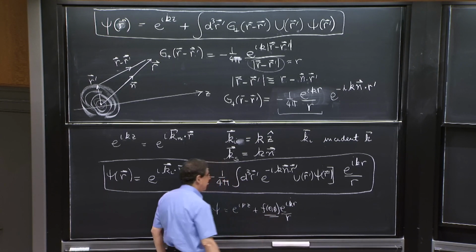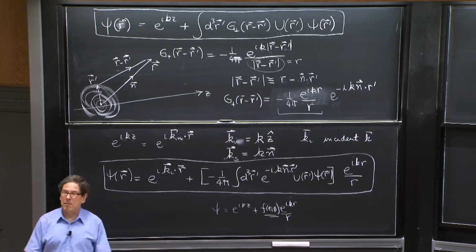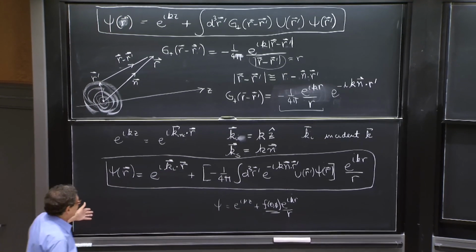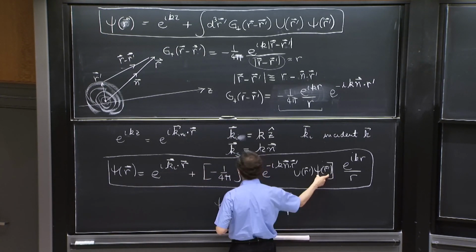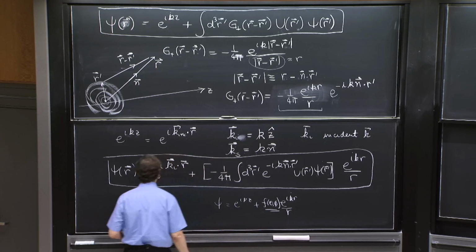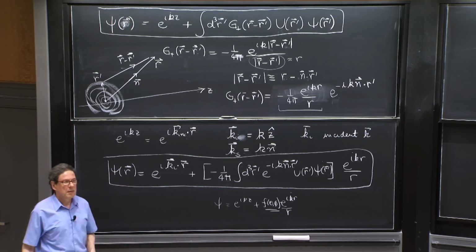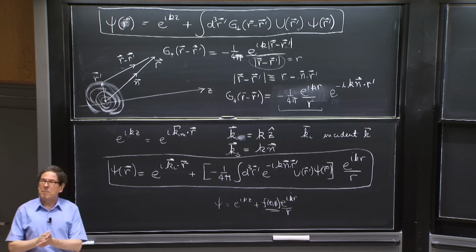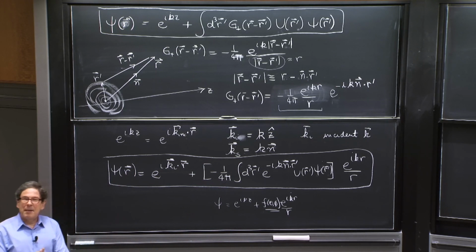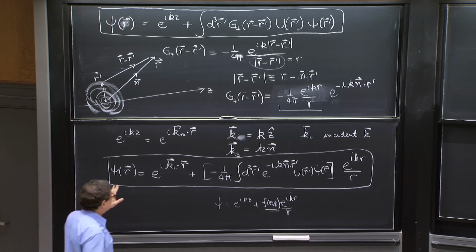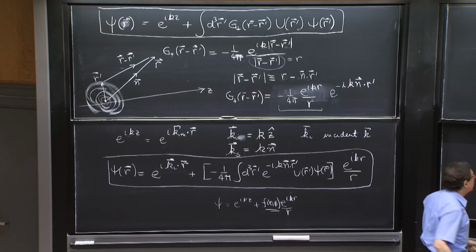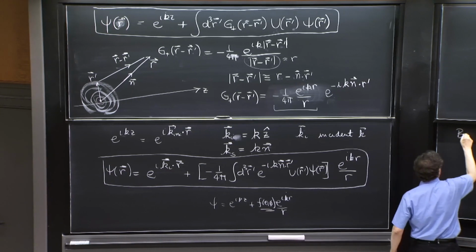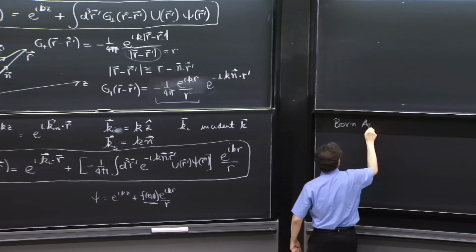If we know this f of theta phi, we know everything about the scattering, but it almost looks like this is f of theta and phi, but we don't know psi, so have we made any progress? Well, the Born approximation is the way in which we see that we can turn this into something quite simple. So let's do Born approximation.